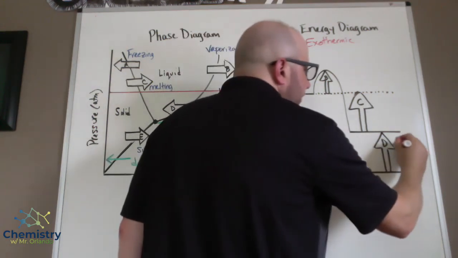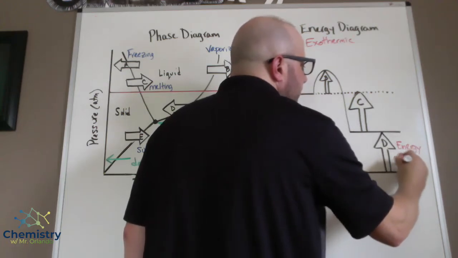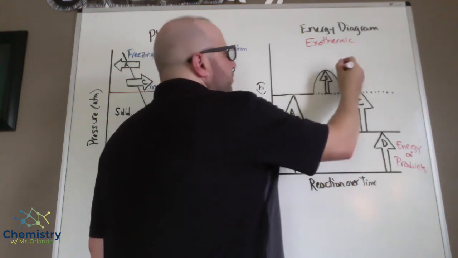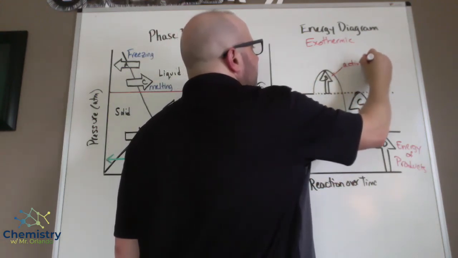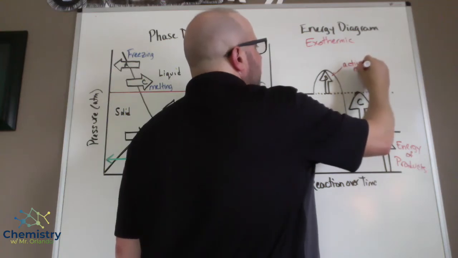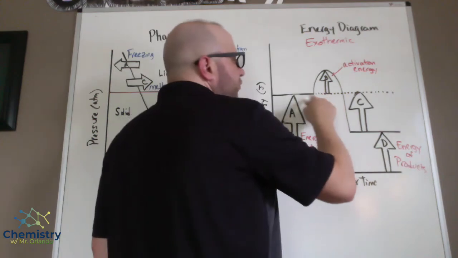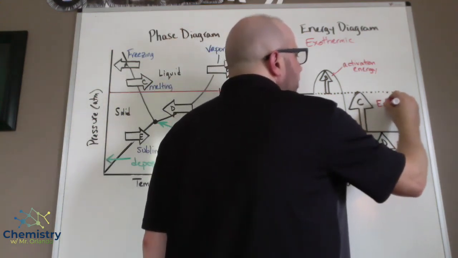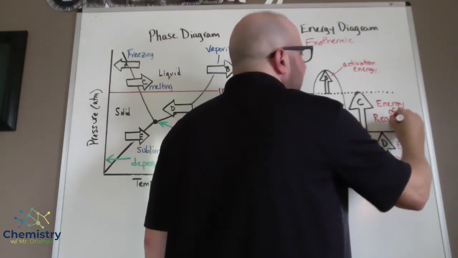D is called the energy of products. I mentioned earlier, this is called the activation energy. And then, as I said, the difference between where you start and where you finish is called the energy of the reaction.